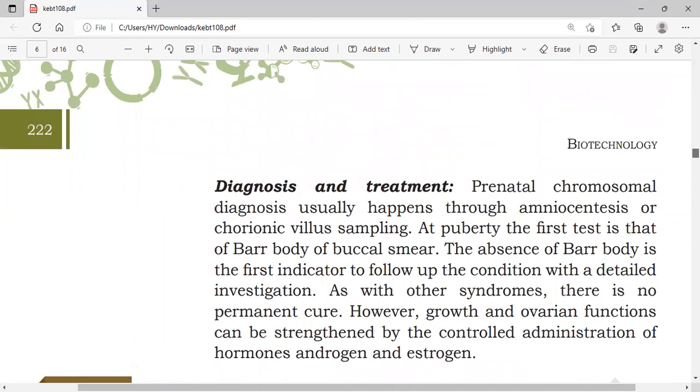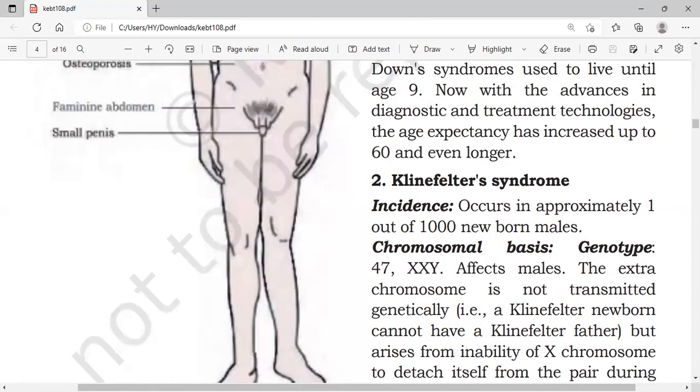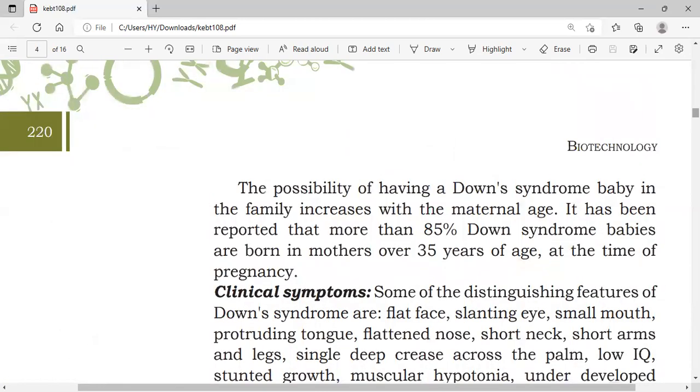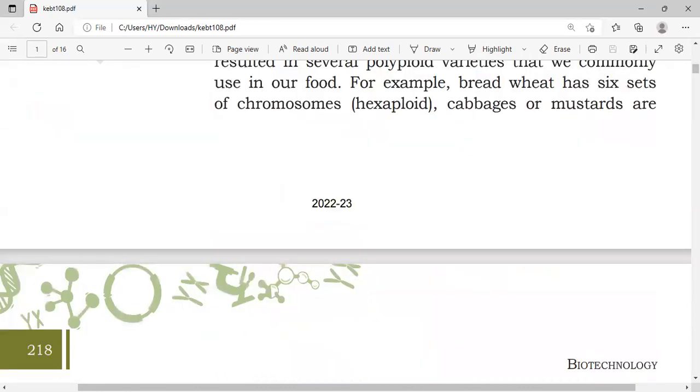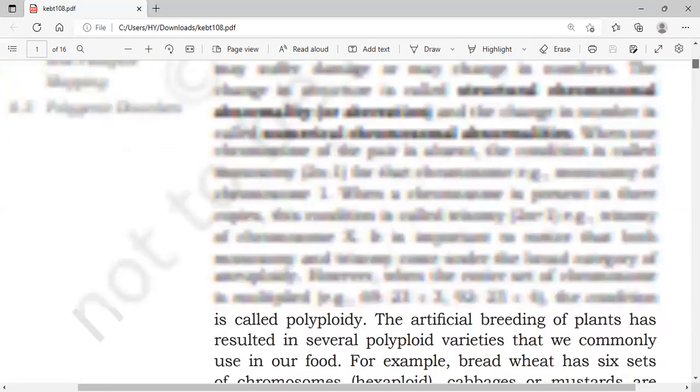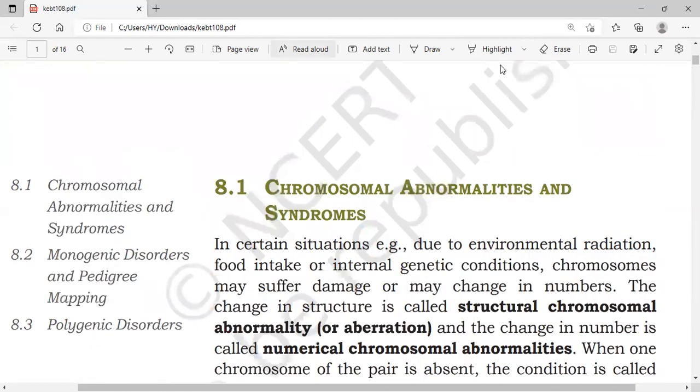So with this, to prevent the video from becoming very long, I would like to end the topic here. We have discussed Down syndrome and the chromosomal abnormalities and syndromes. And one of the monogenic disorders we have discussed, and some introduction of the pedigree.